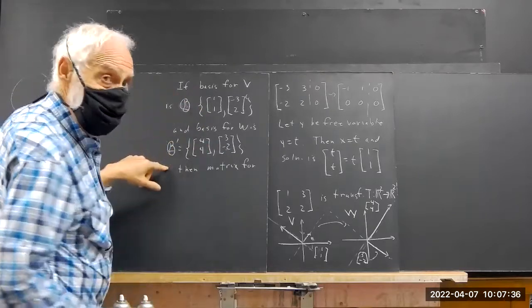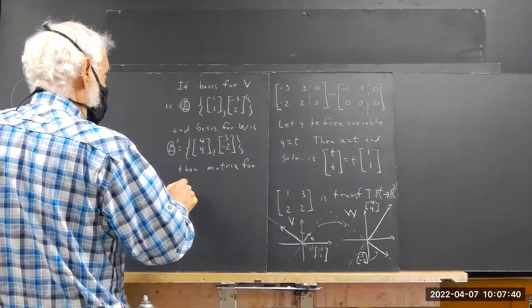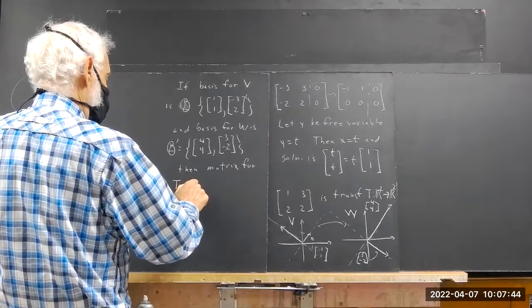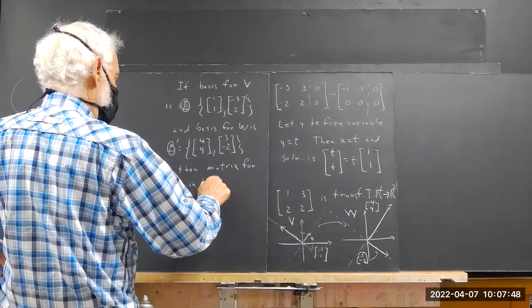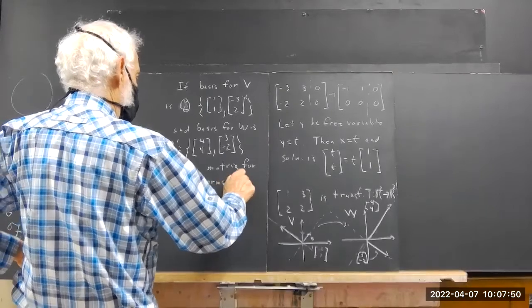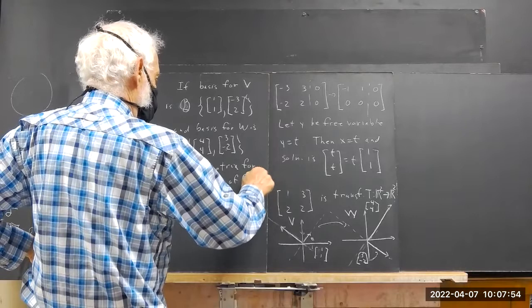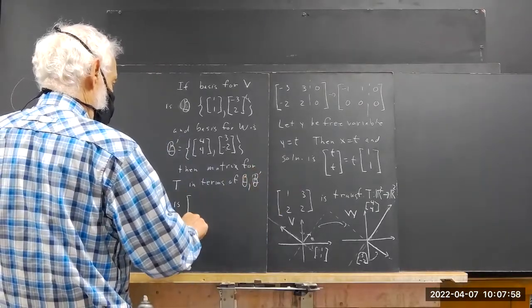Call this basis B, call this basis B prime. And the matrix for the transformation in terms of B and B prime is what?